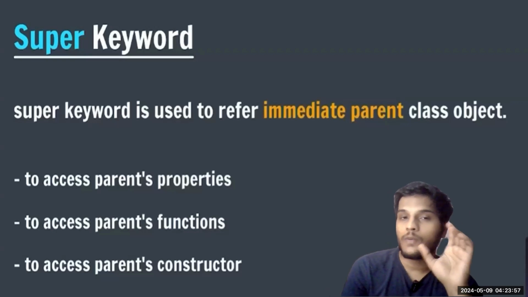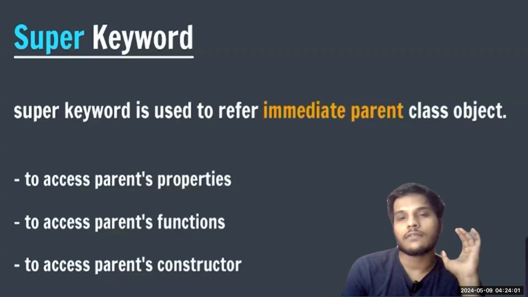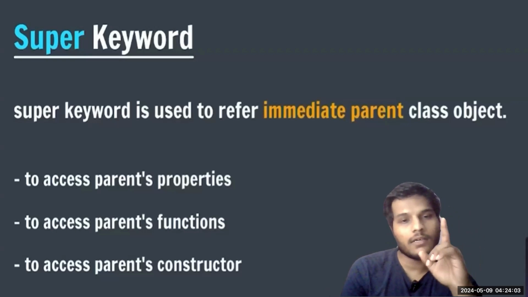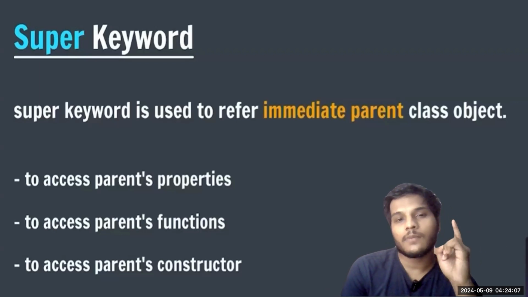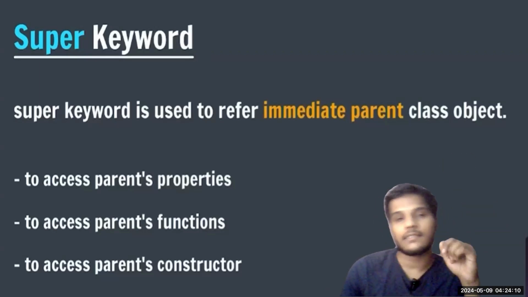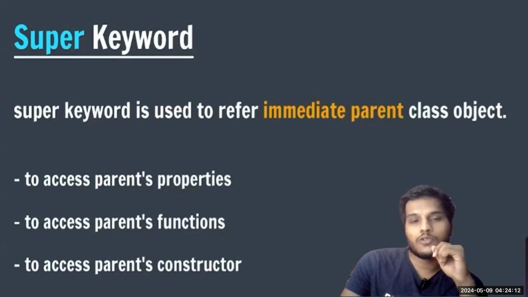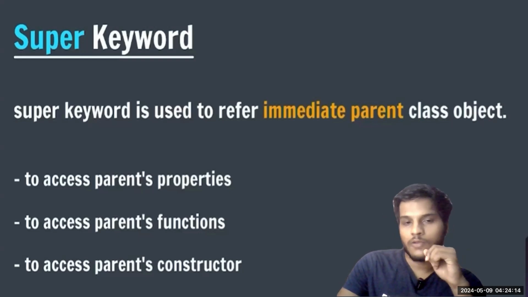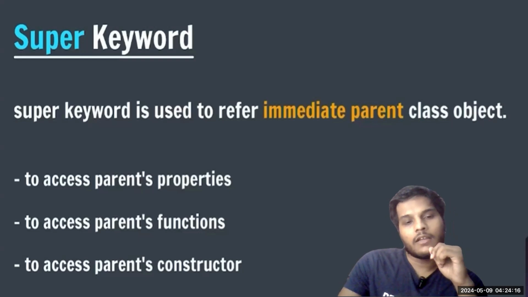So when we use the super keyword, you are telling Java to look in the parent class for something. So you might use super to call a method or access variables that a subclass inherits from its parent class. So it is used to access parent's properties, parent's functions, and also parent's constructors. So that was about the super keyword.